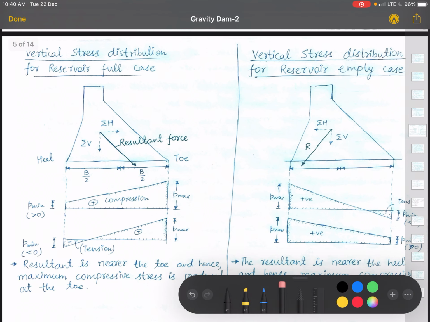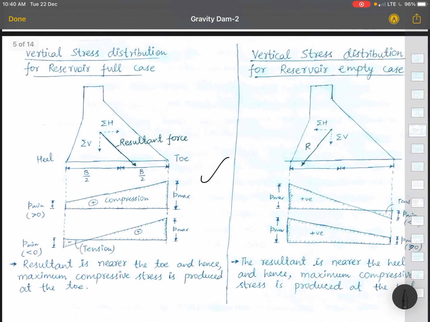Now we have located where the maximum stress is going to be produced. Maximum three cases can be there. The first one is where P max and P min are both greater than 0. That means there is no tension, only compression. Or if P min is less than 0, some part will be in tension and the remaining part in compression.